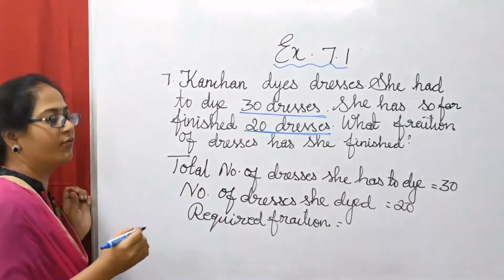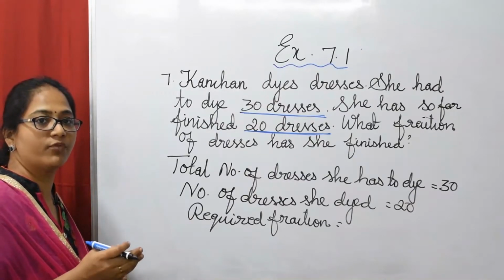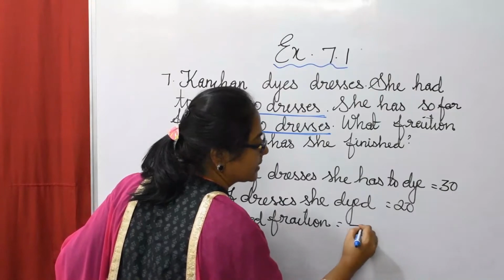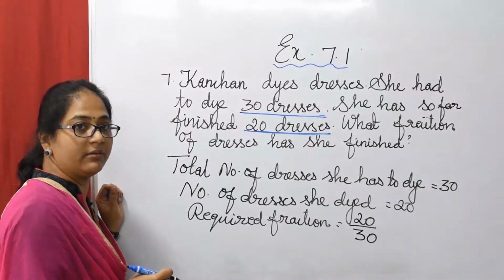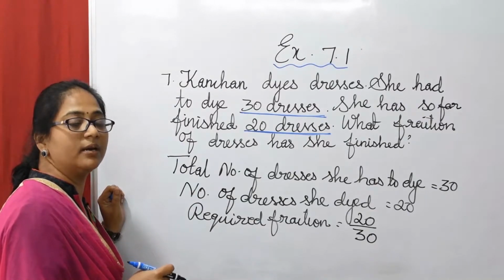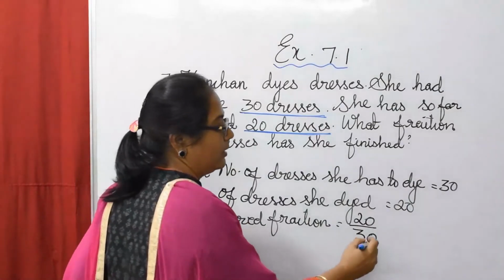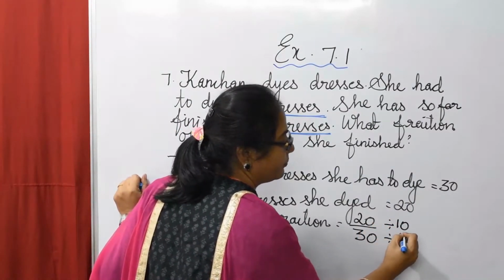What fraction of work she has completed? So out of 30, she has completed 20. Understood? So out of 30 dresses, she has completed dyeing 20 dresses. So 20 by 30, both we can simplify using 10 tables again.